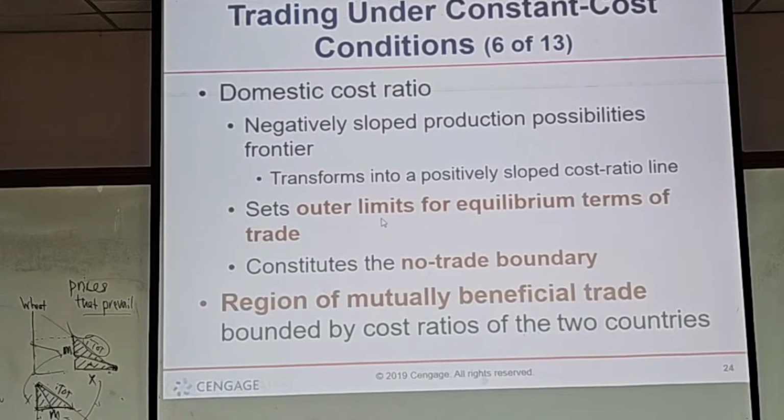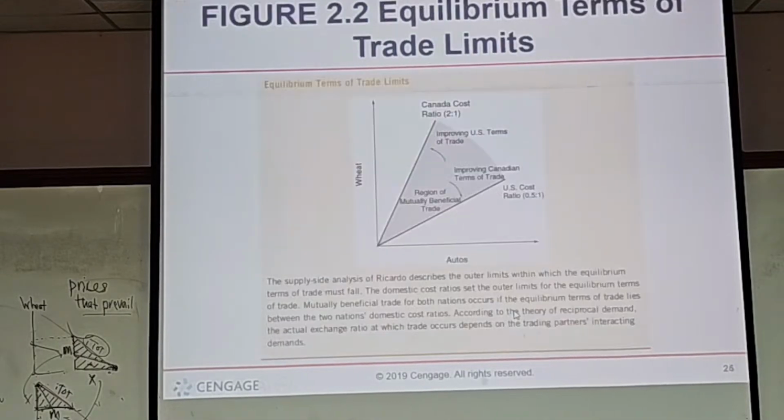Consider the no trade boundary, that domestic cost ratio, the black one. Consider the cost ratio of the two countries. This is it.